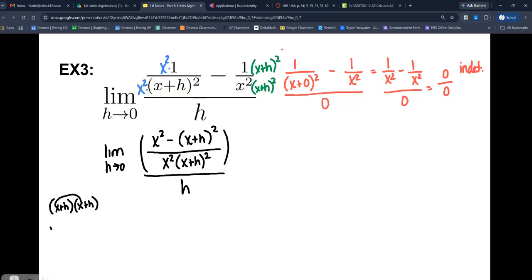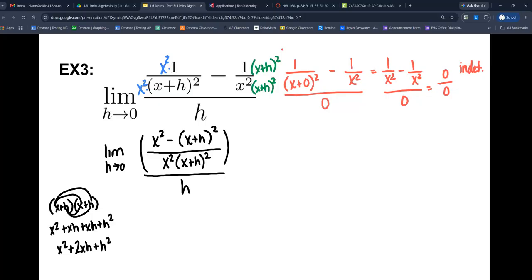You do x times x, that'll be x squared. You do x times h, so you get plus xh. You do hx, so I'm going to call that plus xh again. And then we got plus h squared, which is x squared plus 2xh plus h squared. I do this in my head. Square the first, I get x squared.